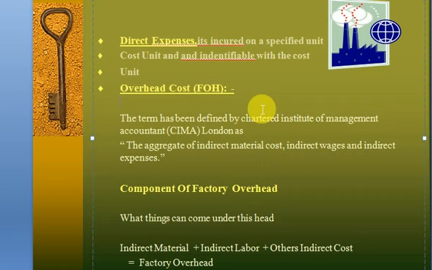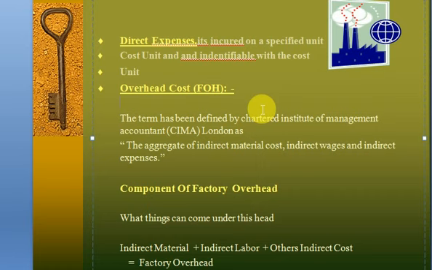Look, for example, we want to construct a home. So we hire an engineer, and through that we make a sketch. The payment that should be made to him is direct expenses.